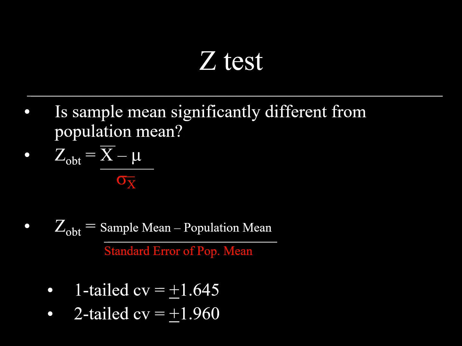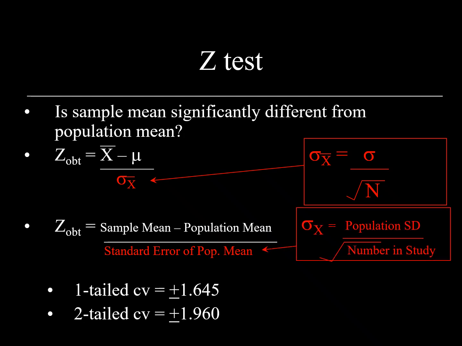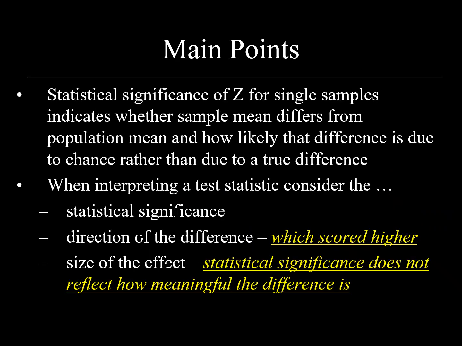Or if it's a non-directional hypothesis, it needs to be above positive or negative 1.960. And again, remember the bottom of that equation is here. The sigma represents the standard deviation of the population, so the known value, divided by the square root of our sample size. And again, what that represents in words is the population standard deviation divided by the square root of the number in the study.